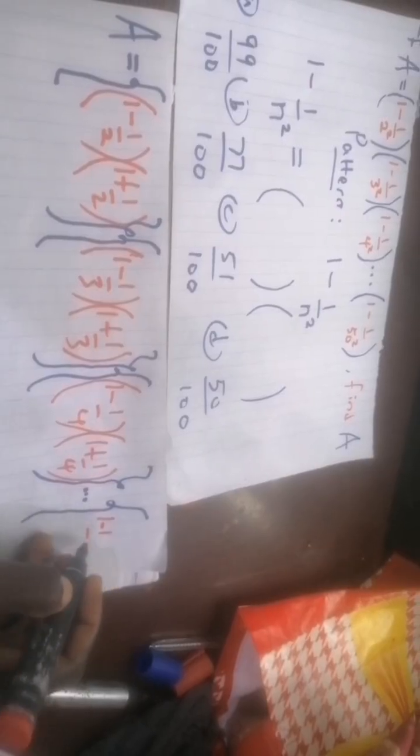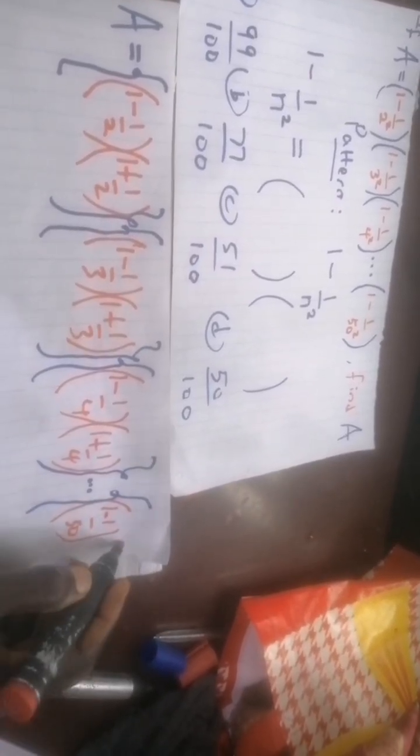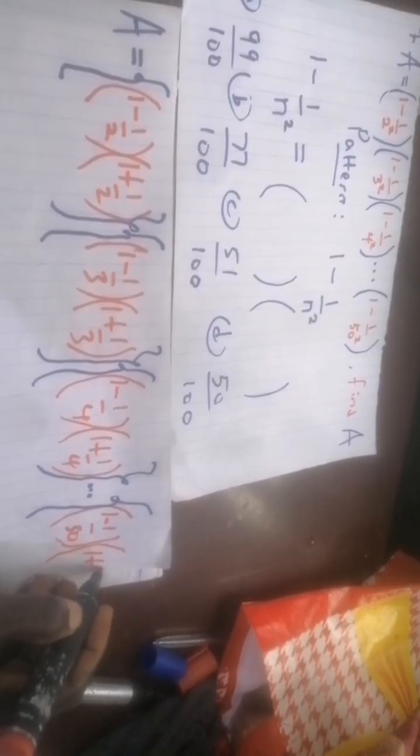Do you understand? Now you agree with me that this will continue until I reach the last bracket. What's the last bracket? That is 1 minus 1 over 50, times 1 plus 1 over 50. Do you understand?